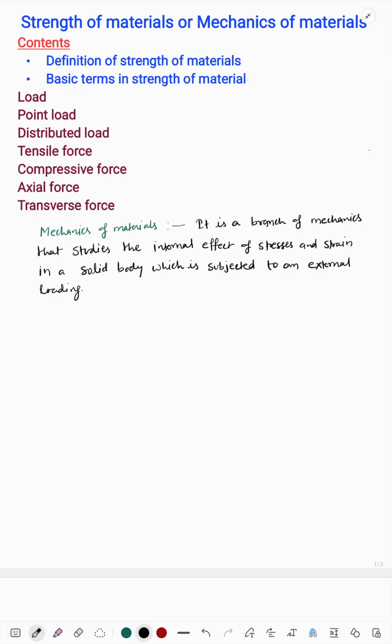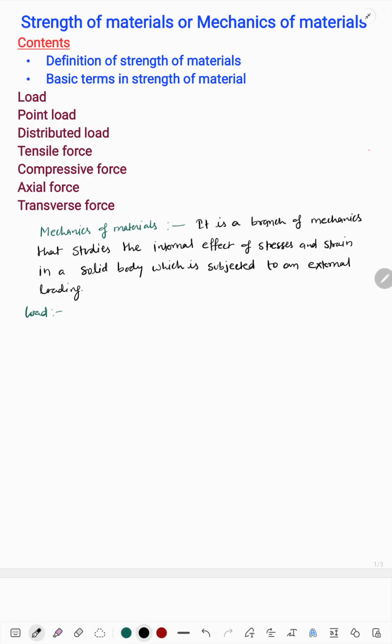Next, some basic terms that we are going to define, starting with load. So what is a load? Why do we consider load? Because these are the simple terms that we are going to use in the coming sessions, so you need to define the small terms.